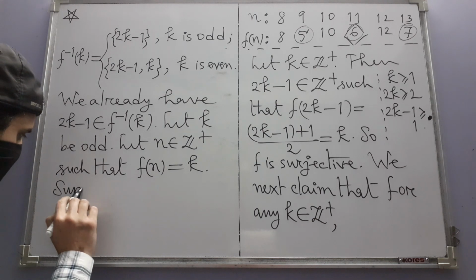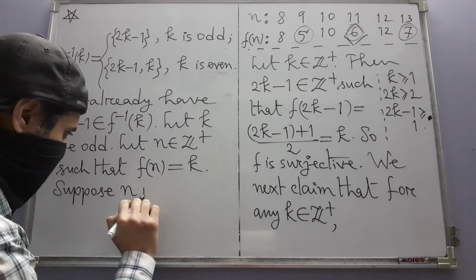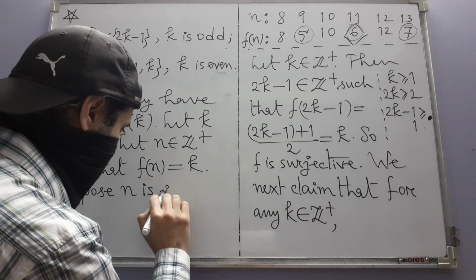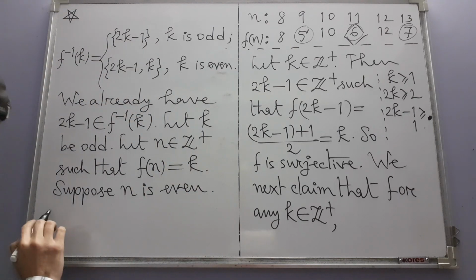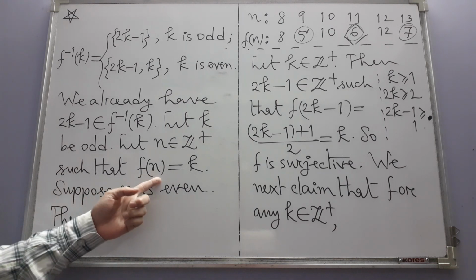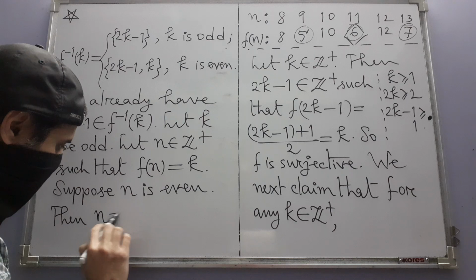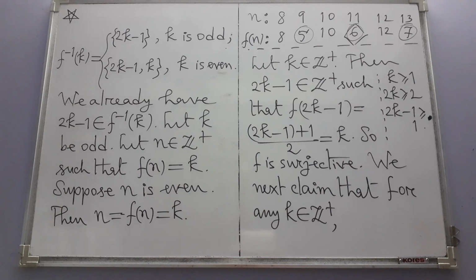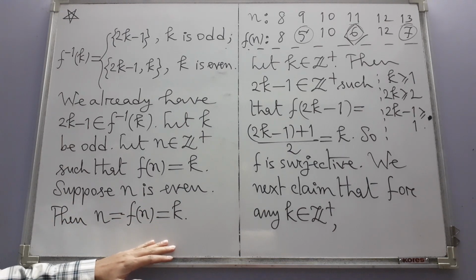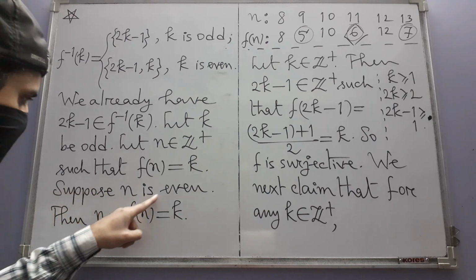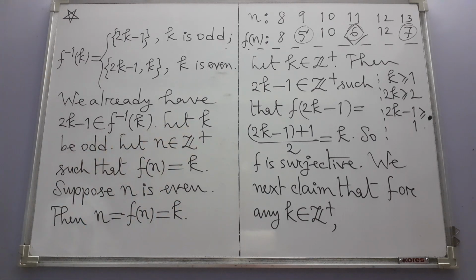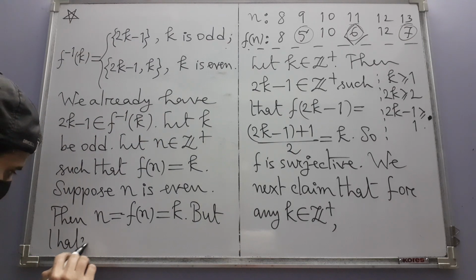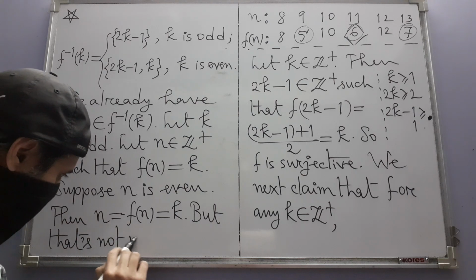Suppose n, being a positive integer, is either even or odd. Suppose n is even, then by the definition of f, f of n is n itself, but then n becomes k itself. Is that possible? No, because n is even whereas k is odd. That's not possible.